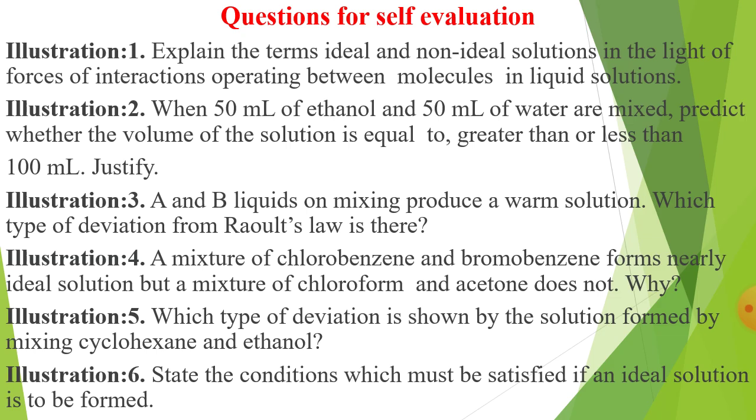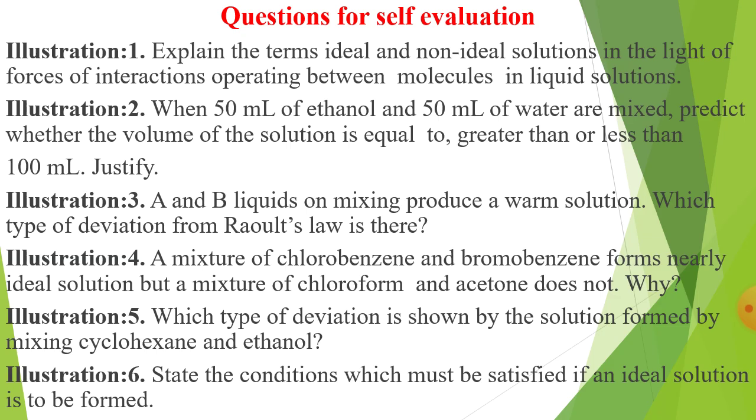4. A mixture of chlorobenzene and bromobenzene forms a nearly ideal solution, but a mixture of chloroform and acetone does not. Why? This also I have told you in the examples. 5. Which type of deviation is shown by the solution formed by mixing cyclohexane and ethanol? This I also told you in the positive deviation example.